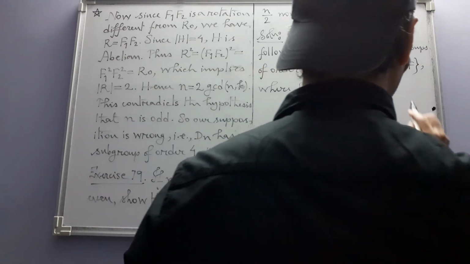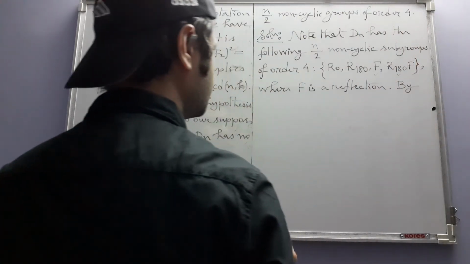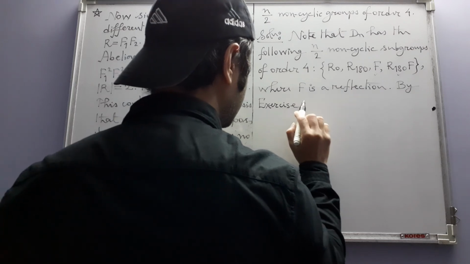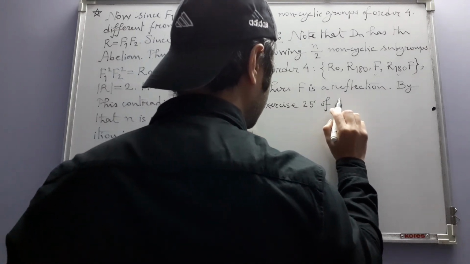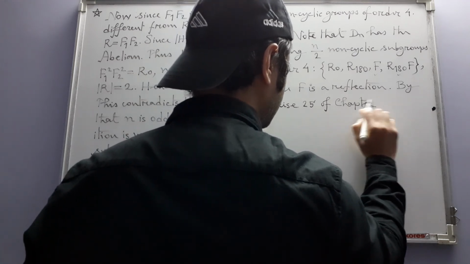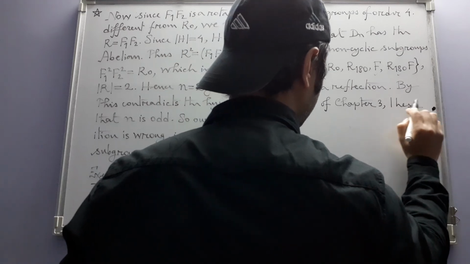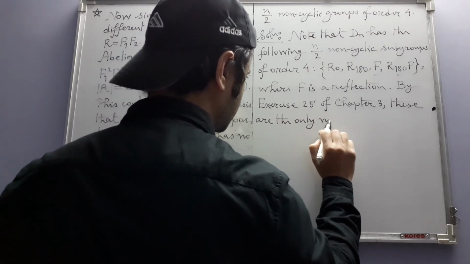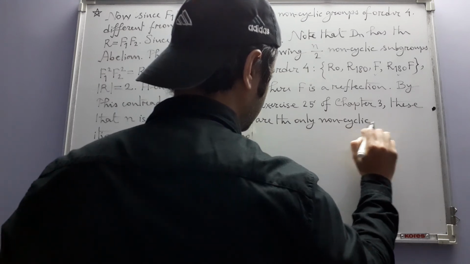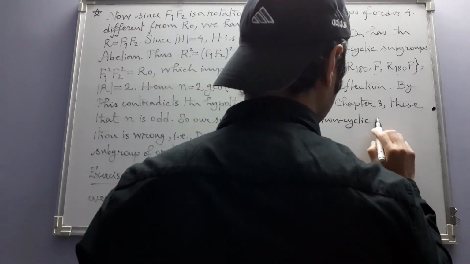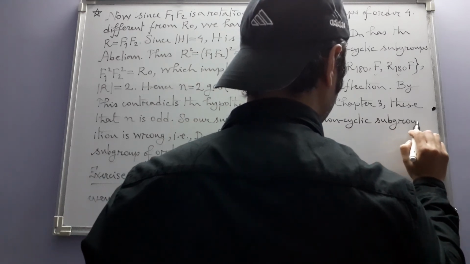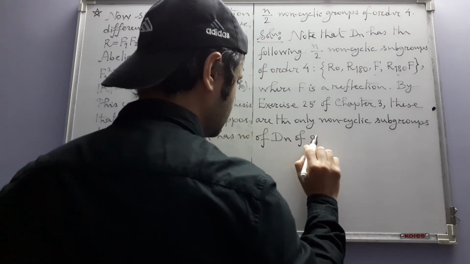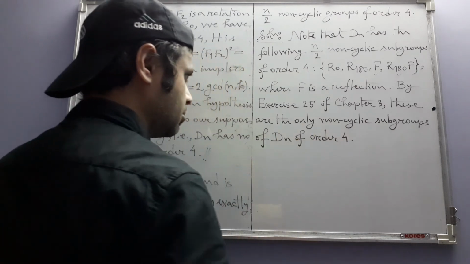And by that same exercise 25 of chapter 3, these are the only non-cyclic subgroups of Dn of order 4.